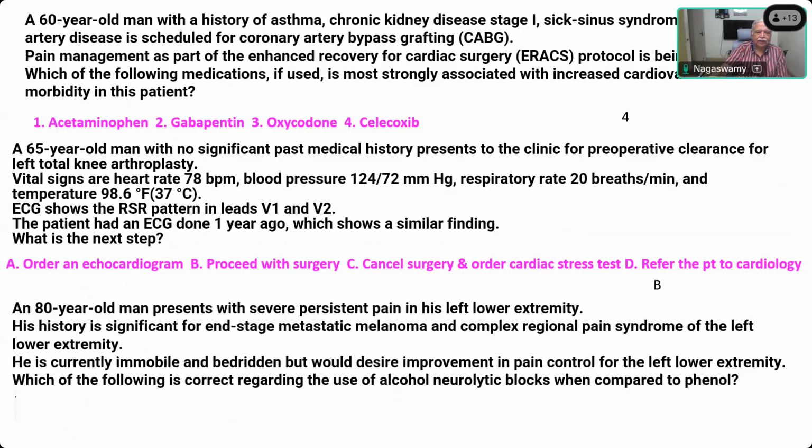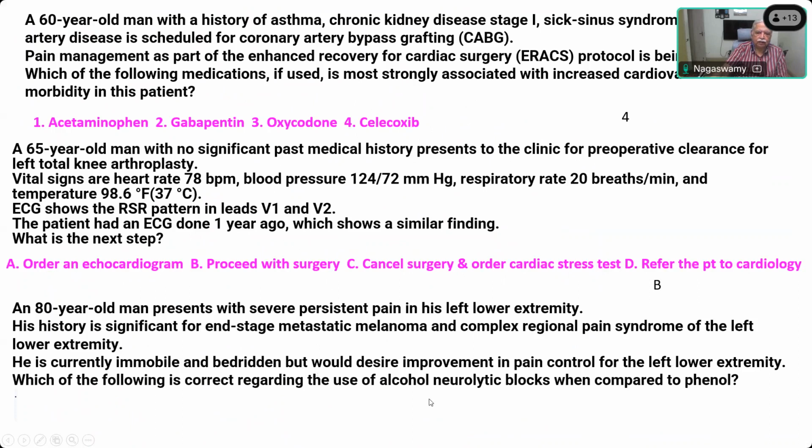An 80-year-old man presents with severe persistent pain in his left lower extremity. His history is significant for end-stage metastatic melanoma and complex regional pain syndrome of the left lower extremity. He is currently immobile and bedridden, but would desire improvement in pain control.